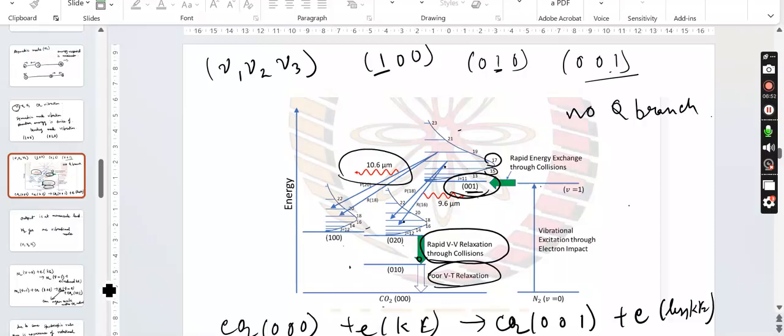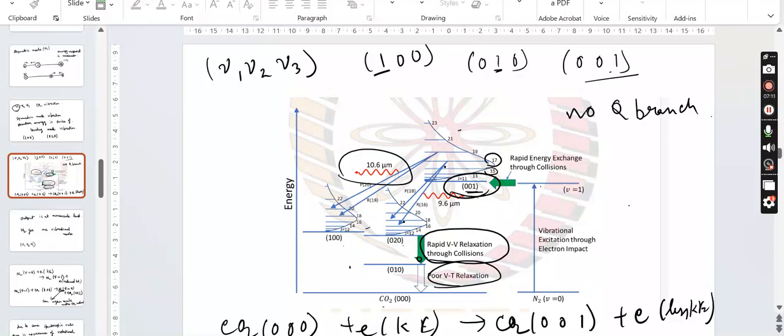They can also go to the 100 level, so that doesn't create population inversion between the two lasing levels. So nitrogen is there because, unlike carbon dioxide, nitrogen has only one vibrational mode. The 001 level is equivalent to nu equal to 1 for nitrogen.